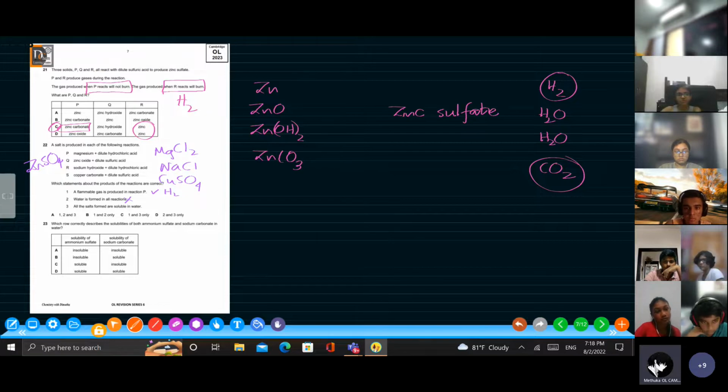Then only you can apply it here and find it. Therefore, the answer is 1 and 3. Which row correctly describes the solubilities of both ammonium sulfate and sodium carbonate? Both are soluble, right? All ammonium salts are soluble, all sodium salts are soluble. Therefore, the answer is D. Those are solubility rules straight away.